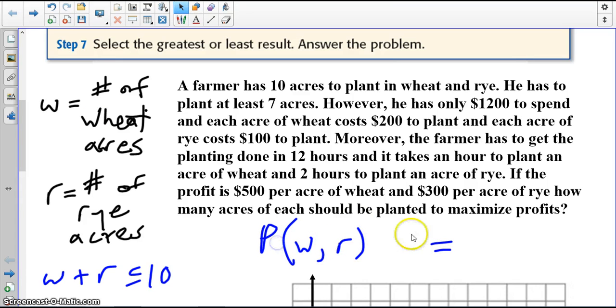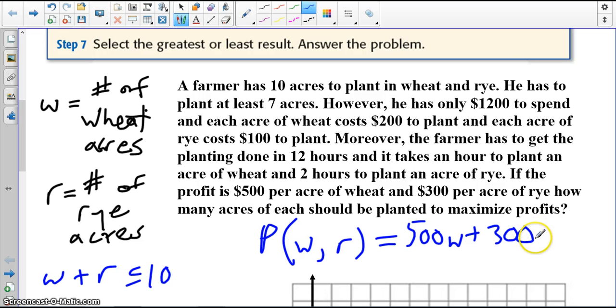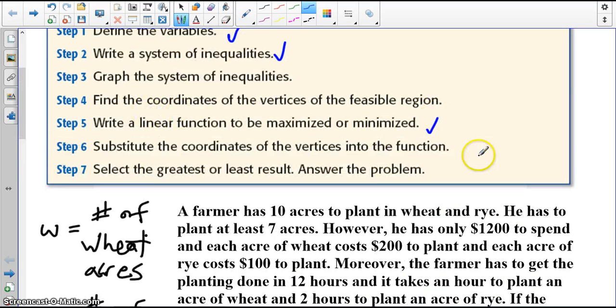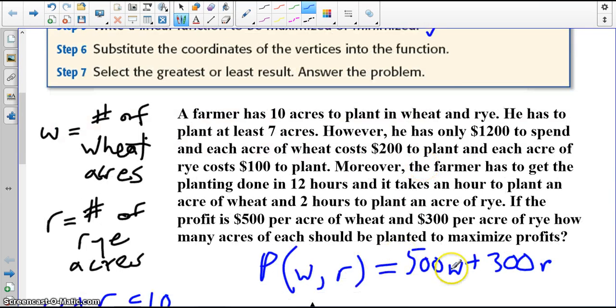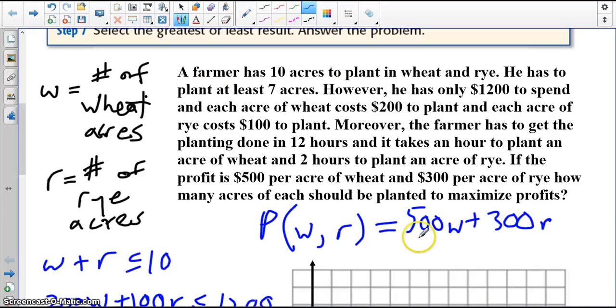It's going to be 500 W plus 300 R. And that is the linear function to be maximized. We want to maximize the profit. This is a linear function of W and R. So if you just change W and R to X and Y, it will look exactly like the things we talked about in the previous class.